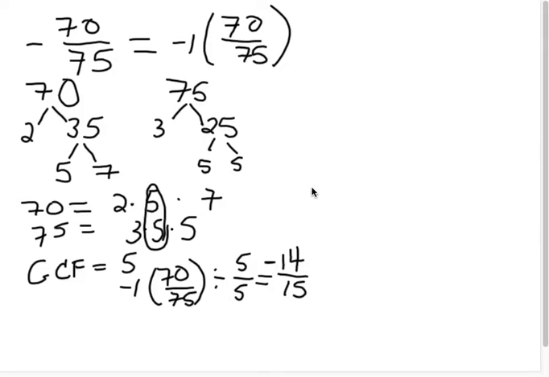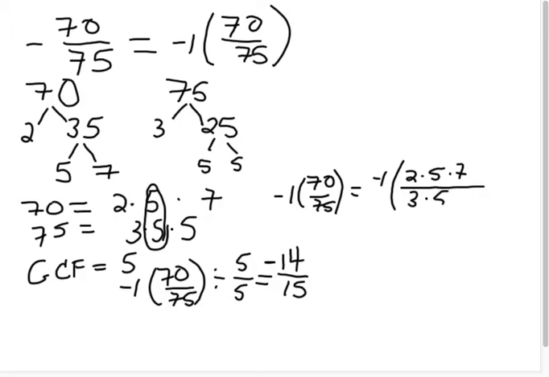Let's do this the other way. I'm going to say that a negative 1 times 70 over 75 is going to equal a negative 1 times 2 times 5 times 7 over 3 times 5 times 5.